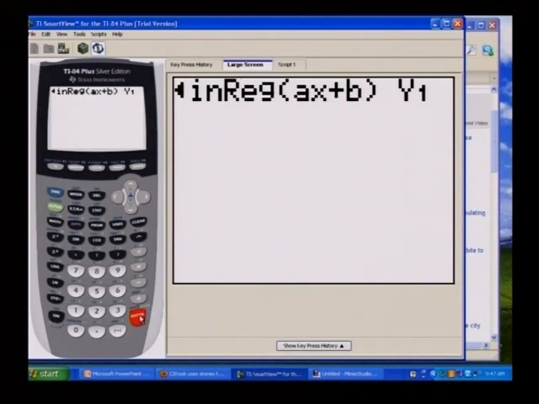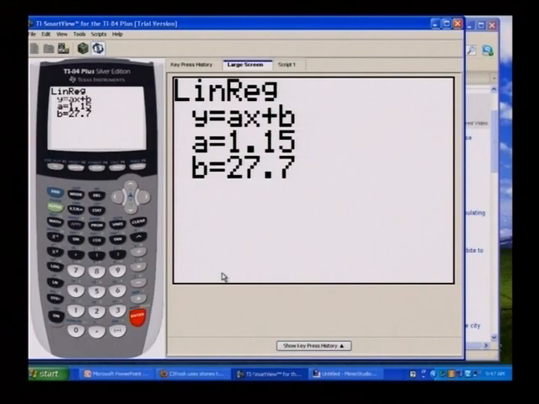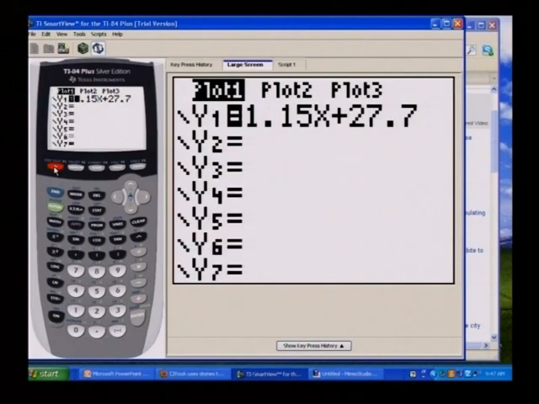And yes I do, so enter. It'll show you the equation, so A is your slope on the calculator, and B is that vertical axis intercept. So my new equation would be y equals 1.15x plus 27.7.